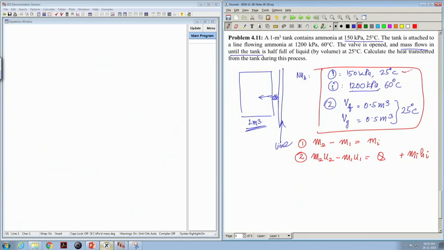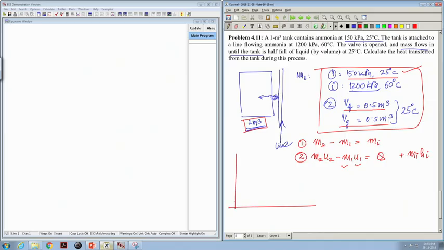Given that we know exactly what state 1 is, we know U1 and M1, because we will know the specific volume corresponding to this state for ammonia, and given that we know the total volume, we will know the total mass. At state 2, we have the volumes of the two fluids, and if we know the volumes of the two fluids, we can find out the quality.